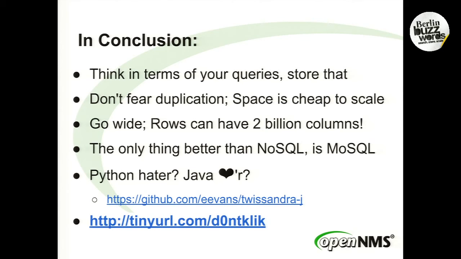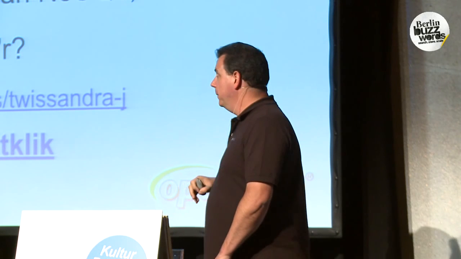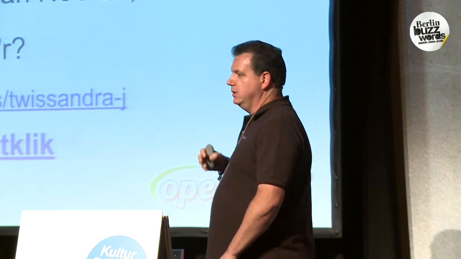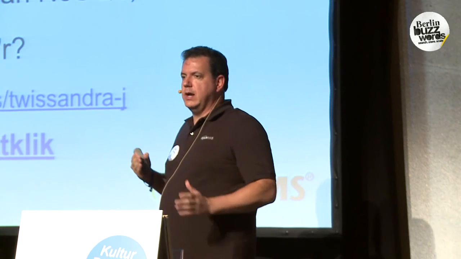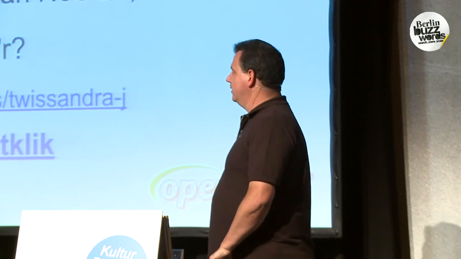I put up here, don't fear duplication because space is the cheapest variable in the scaling equation, which is true, but to be fair, there are many reasons why you don't want to duplicate, and that's probably the least of them. This is a trade-off that we're forced to make for this kind of decentralization and distribution. So get used to it if you need this kind of scale.